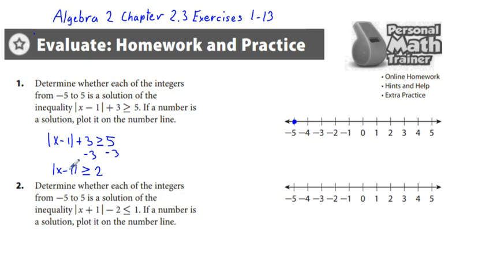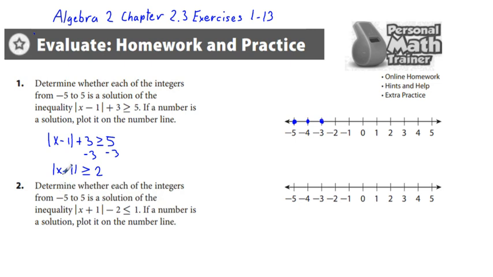-4, if we take -4 minus 1, well, that's going to end up being -5, which will be greater than or equal to 2. That is a solution. If we take -3 minus 1 is -4, and -4 becomes +4, which is greater than or equal to 2.